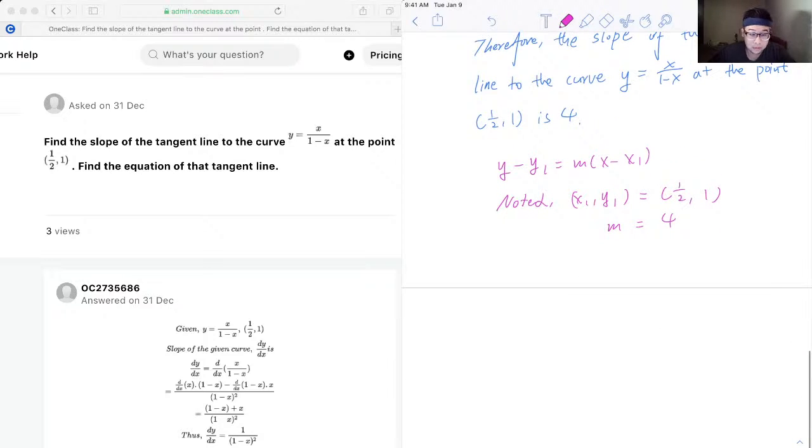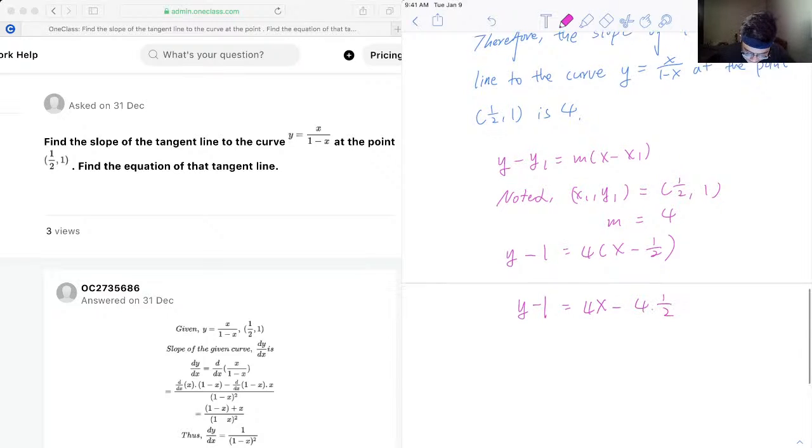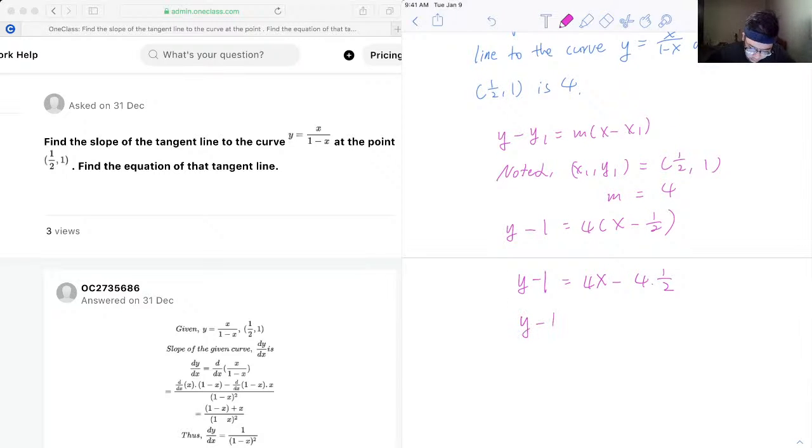So now we just substitute those into our formula. We have y minus 1 is equal to 4 times x minus 1 over 2. By simplifying that, we have y minus 1 is equal to 4x minus 4 times 1 over 2, so y minus 1 is equal to 4x minus 2.